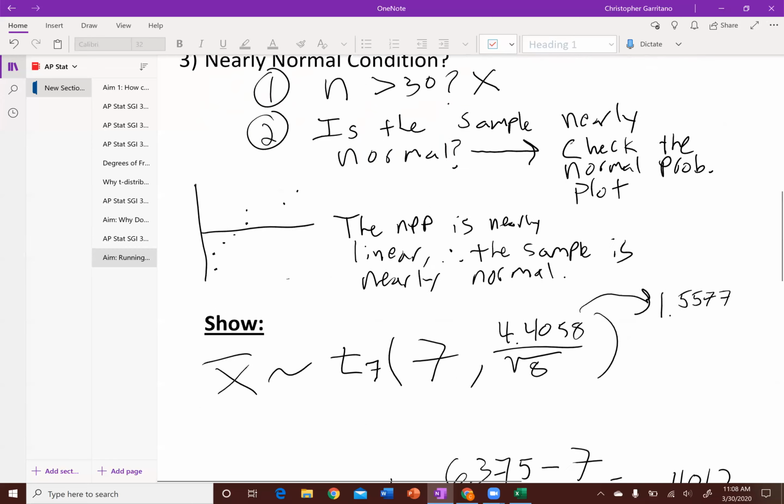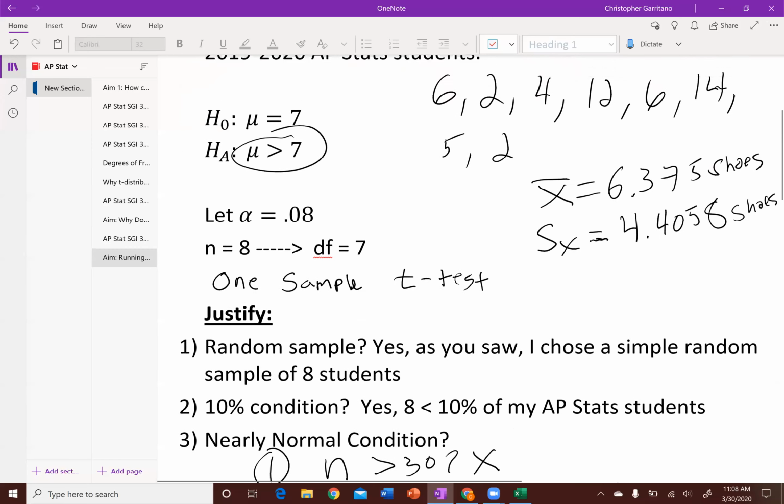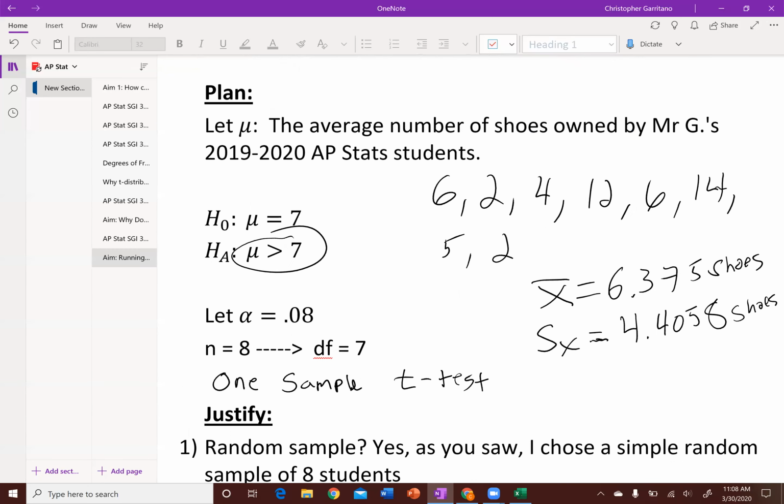Right, so what we've done here is we've gotten a situation where it's pretty clear that we don't have evidence for the alternative. So all we can say is we failed to reject my initial null hypothesis, which is that mu equals 7.